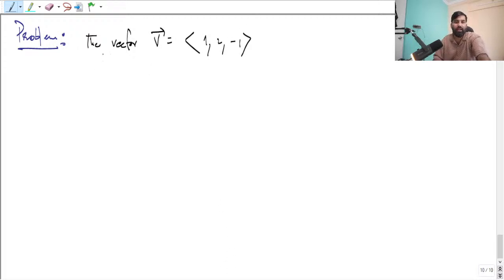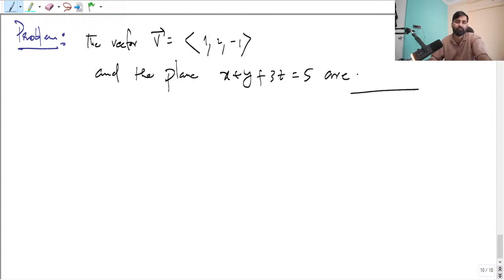And they have given a plane. They have given some vector v, and they have given a plane here. The plane is x + y + 3z = 5. So we have to check some conditions here.